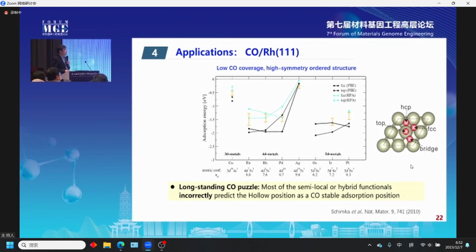In CO adsorption experiments, the CO position is not always the top position, but with all kinds of different calculations, they all get the hollow positions. So this question has existed in our field for about 30 years, quite long, and no one has really resolved this problem.